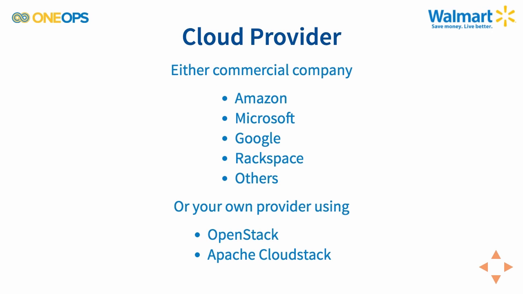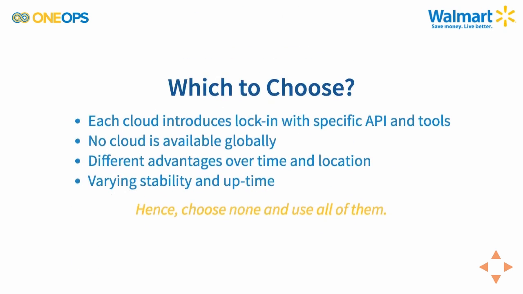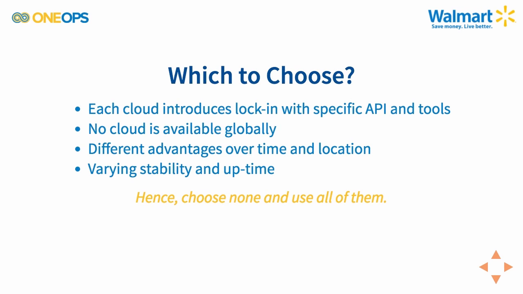So if you have decided to move towards a cloud application, what are you going to do? Well, you can either go to a commercial cloud provider such as Amazon, Microsoft, Google, Rackspace, and others, or you can try to be your own provider by using an open source system for a cloud infrastructure such as OpenStack or Apache CloudStack. Which one would you want to choose though?